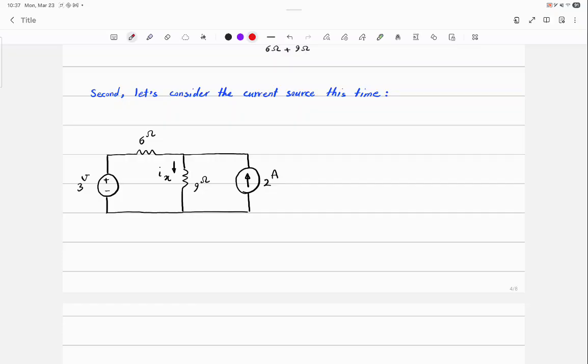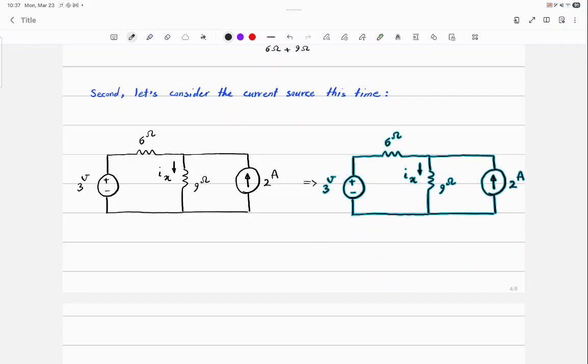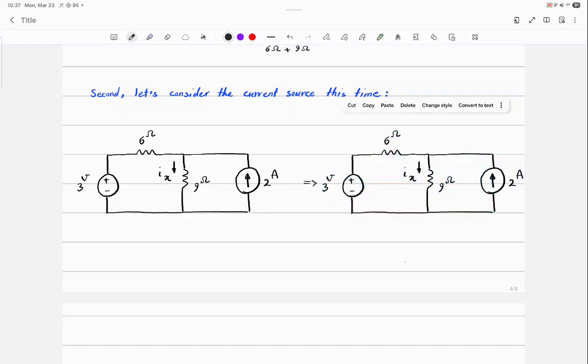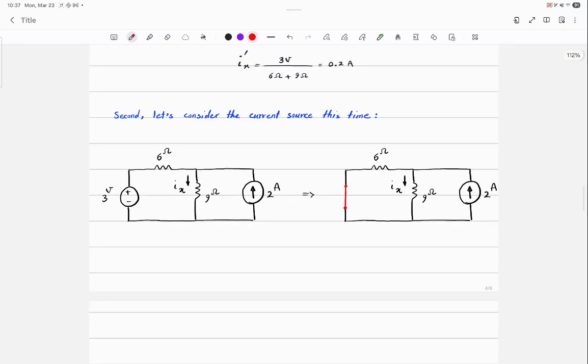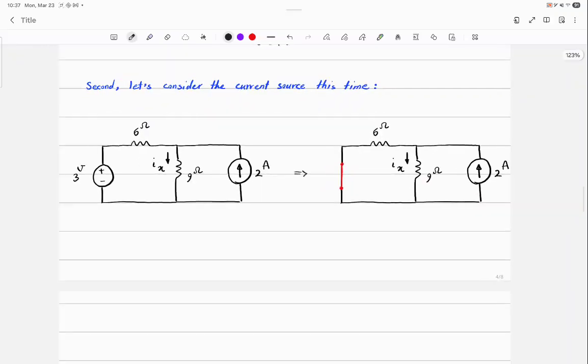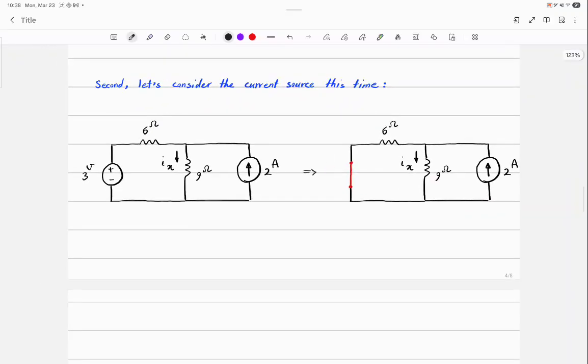I should short circuit this thing. Do I need to change anything in the right side circuit?